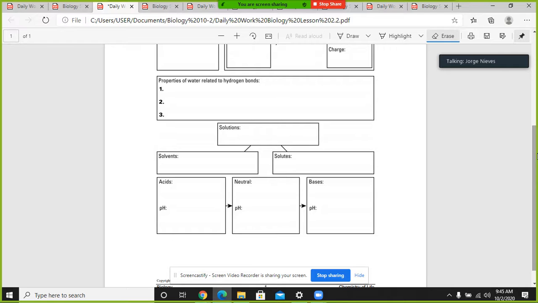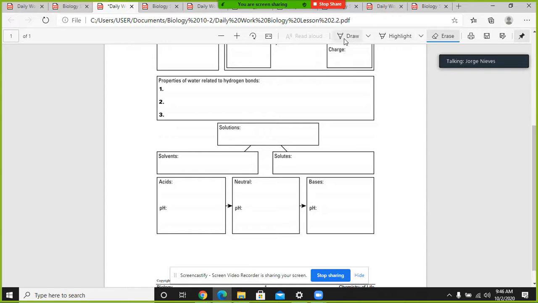We also talked, the last part of this lesson was about pH, or what is acids, neutral, or bases. So let's start talking about acids. Acids release hydrogen ions in solution, so they have a high hydrogen concentration. So we see here that it has a low pH.